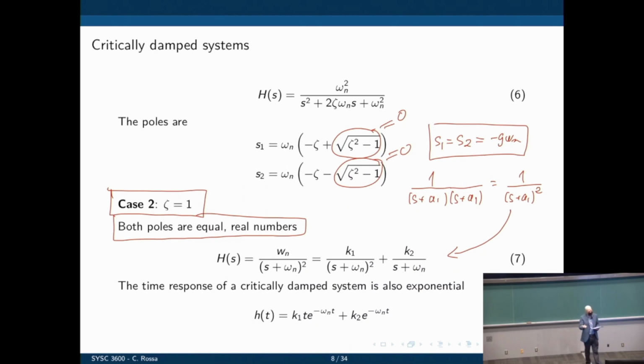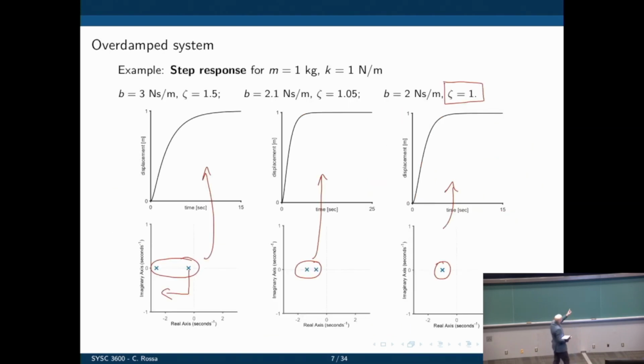This will require two functions like that, K1 plus K2. We can take the inverse Laplace. Here is the response. Again, an exponential waveform that is indistinguishable from the overdamped system. You see back here, the last case is an overdamped system because the two poles are different. We can't tell by visually inspecting the time response if the system is overdamped or critically damped because they look exactly the same.